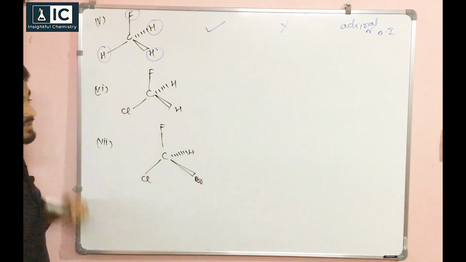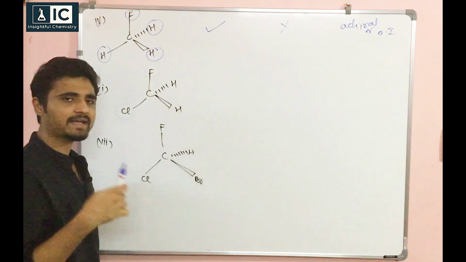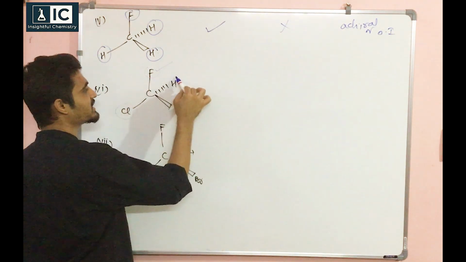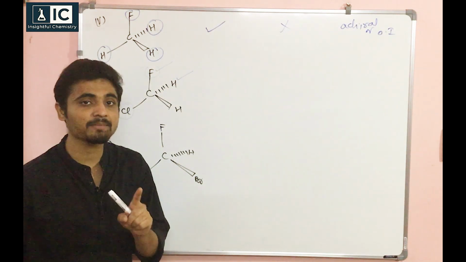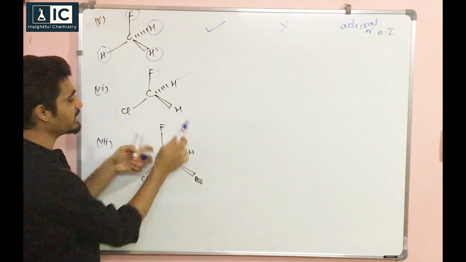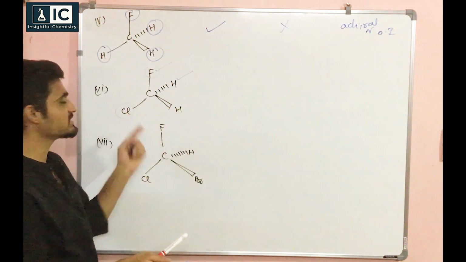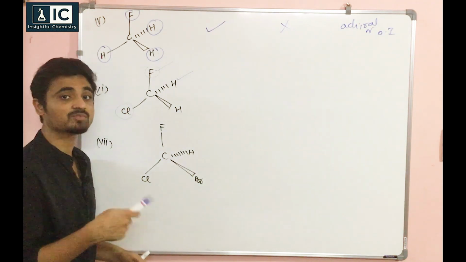Fine. How about the sixth one? Now you have two different atoms. I can take any two in the same plane. Now you tell me, if I take this H and this fluorine to be in the same plane and the hydrogens to be in front of each other, will that work? No. Why? Because H and Cl are not mirror images of each other. I will always try to take those atoms which can do that.